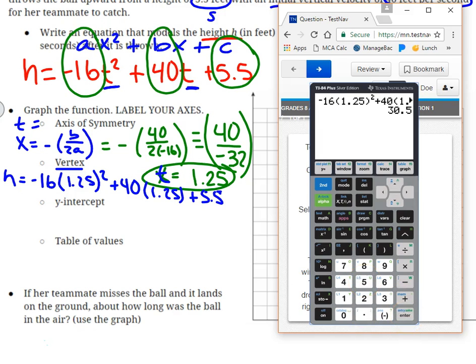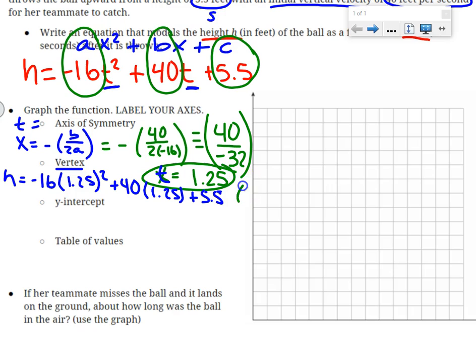Enter, we get 30.5. So our vertex is 1.25, 30.5. That's our vertex right there.